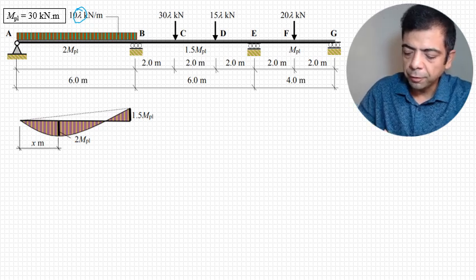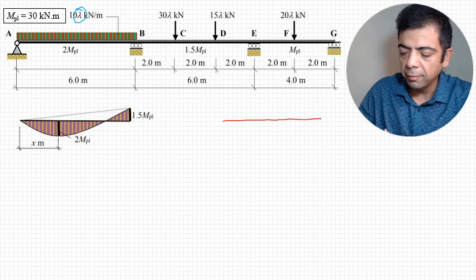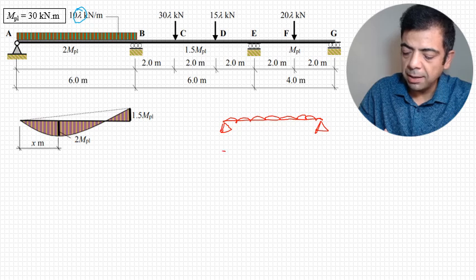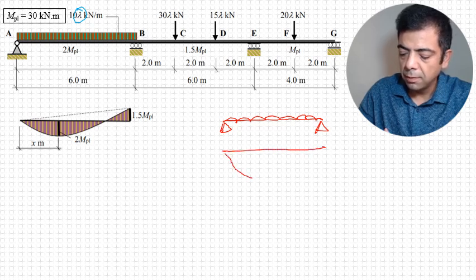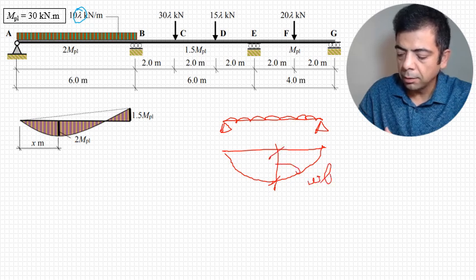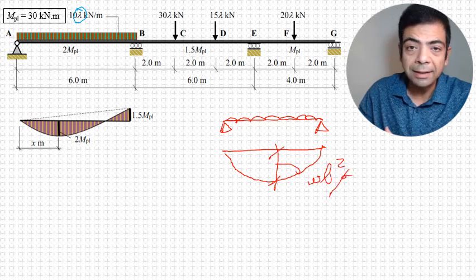Okay, first we are going to need to know the simple beam version. The simple beam version will have a bending moment that is W L squared over 8.